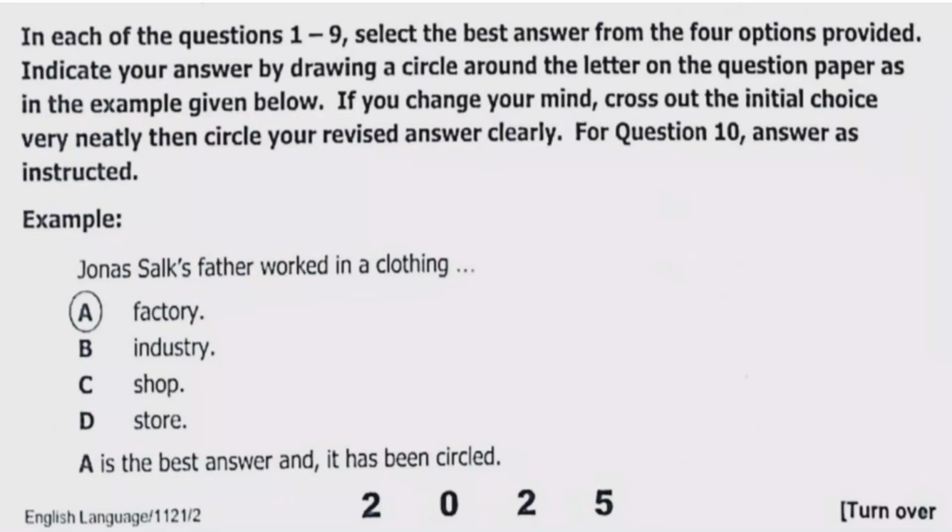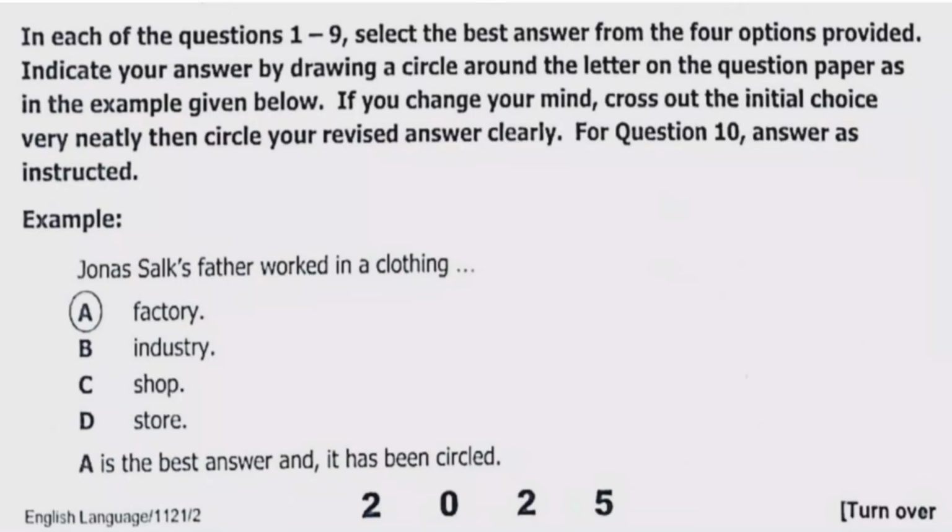In each of the questions 1 to 9, select the best answer from the 4 options provided. Indicate your answer by drawing a circle around the letter on the question paper as in the example given below. If you change your mind, cross out the initial choice very neatly, then circle your revised answer clearly.